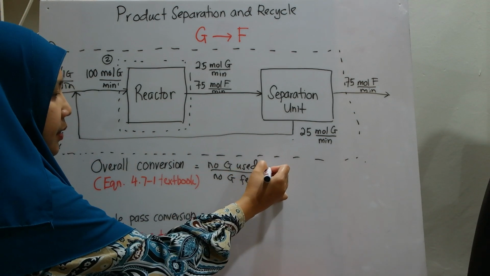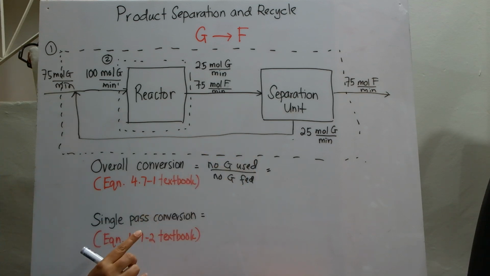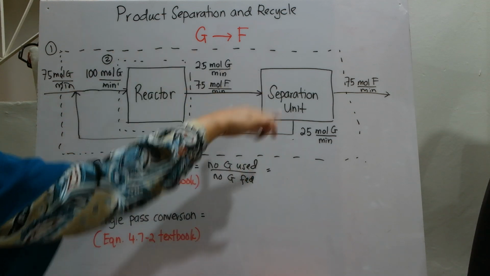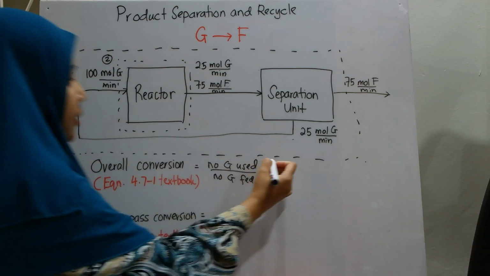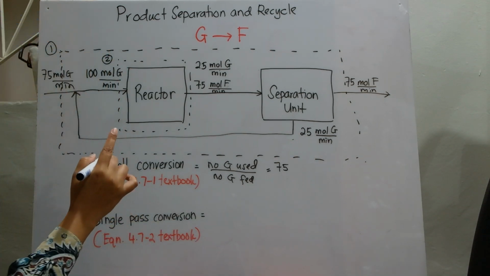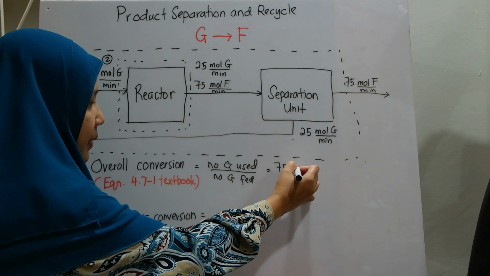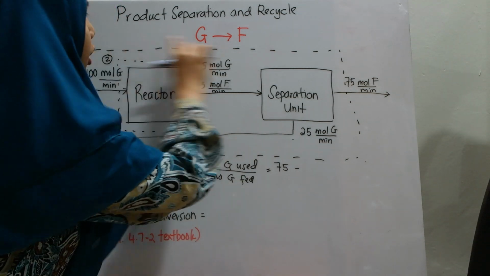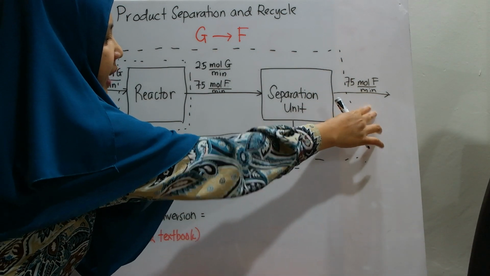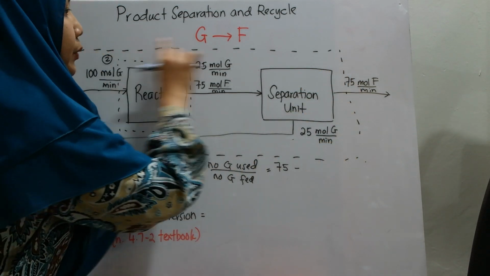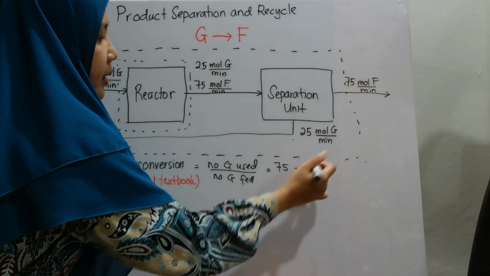So how do we know how many moles of G have been used in this process? For the overall boundary, what goes into the overall system is 75 mole G per minute. Do we have any G coming out from the overall boundary? No. It comes out from the separation unit, but it does not cross the overall boundary, so this is 0.